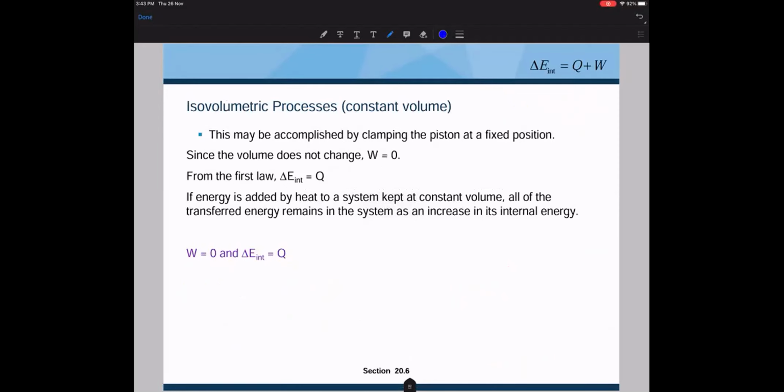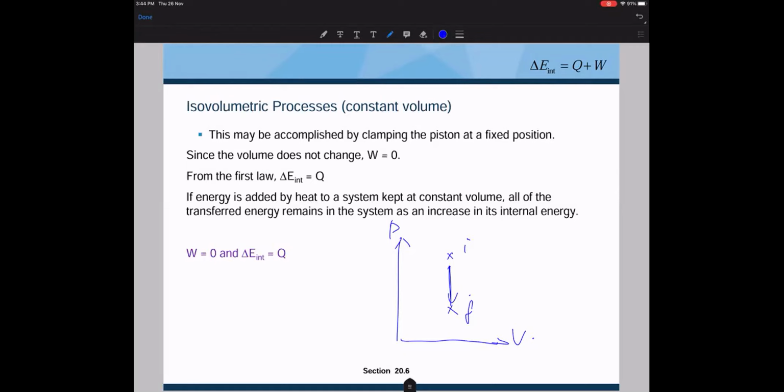The next one is the isovolumetric process. And in this case, on the PV diagram, there's no volume change. The pressure changes, so maybe from I to F. Notice that if it is the case, initial and final values of the volume are the same. There could not be any work done because the area under this path is equal to 0.